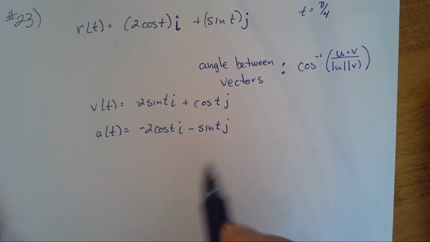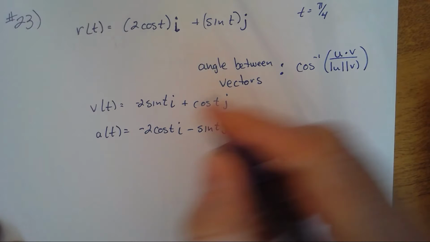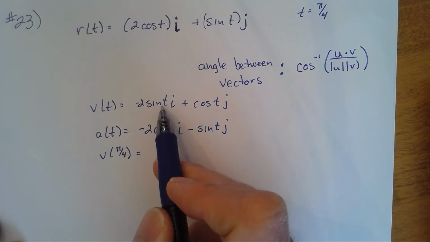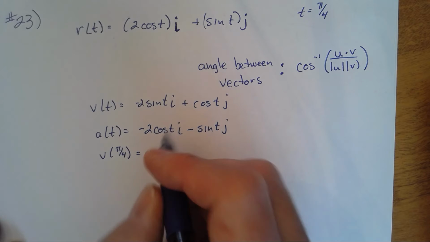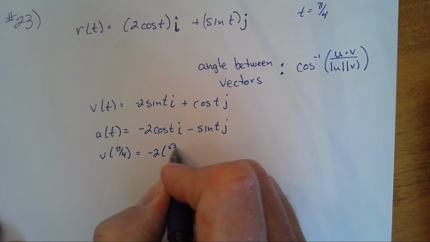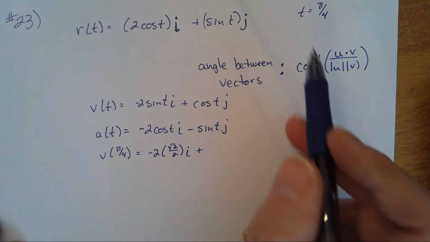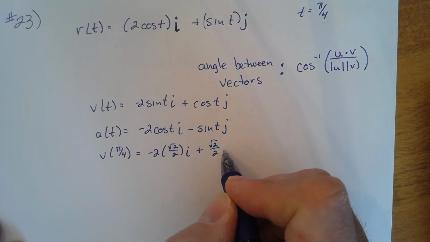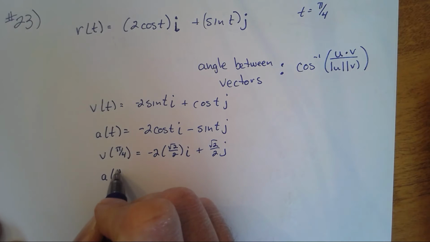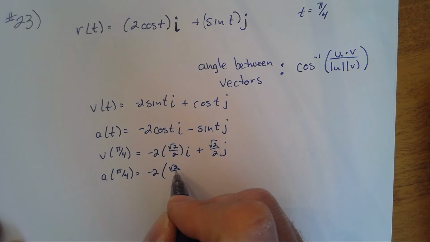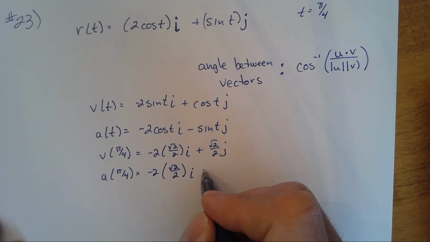So at pi over 4, our velocity at pi over 4 would be, the sine of pi over 4 is square root of 2 over 2, I'll just do that, -2 times square root of 2 over 2 i plus the cosine of pi over 4, which is square root of 2 over 2 j. And our acceleration at pi over 4 is -2 times square root of 2 over 2 i minus square root of 2 over 2 j.